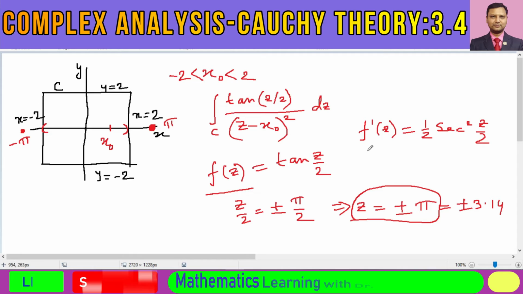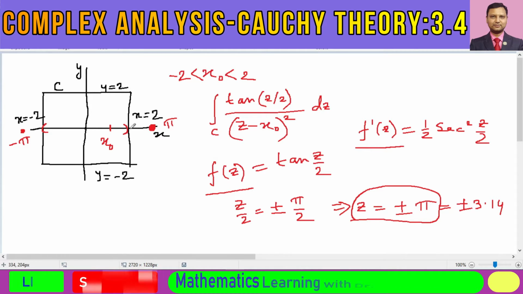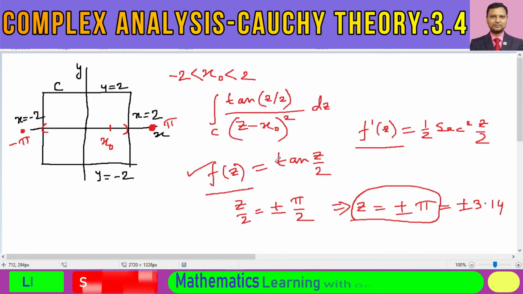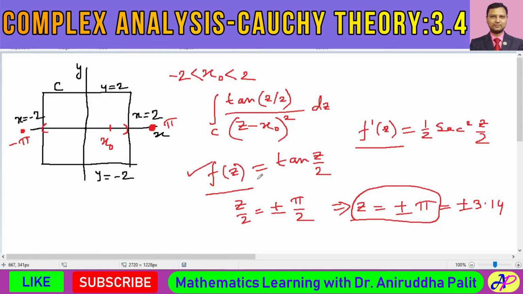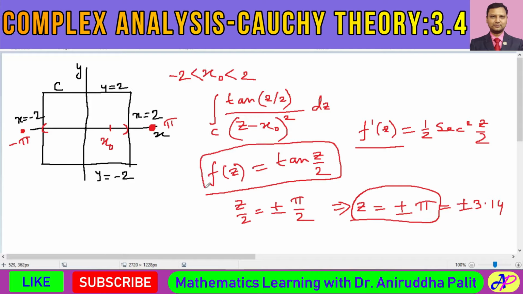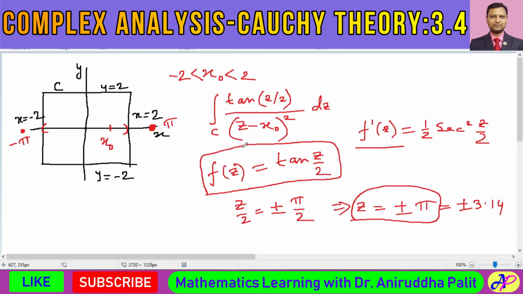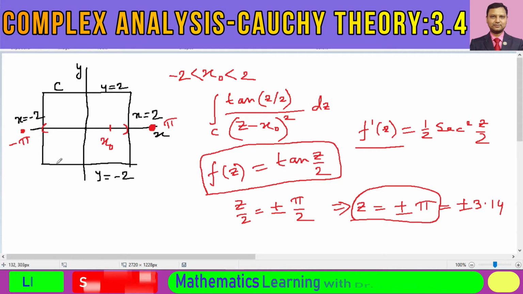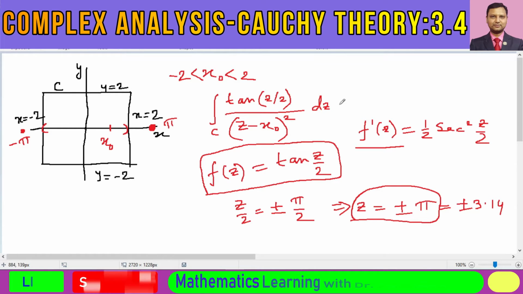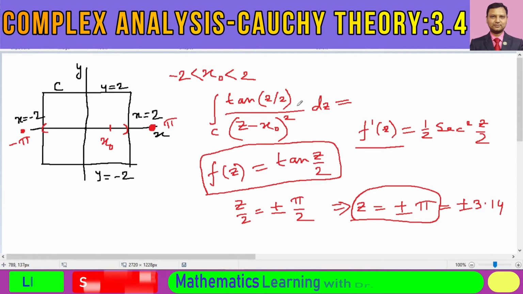What I mean to say is that this expression is defined within and on this curve C, so we can conclude that the function f is analytic within and on the curve C. That was the main point: if you consider f of z equal to tan of z by 2, then f of z is analytic within and on this curve C. And if it is so, we can apply this formula of derivative.